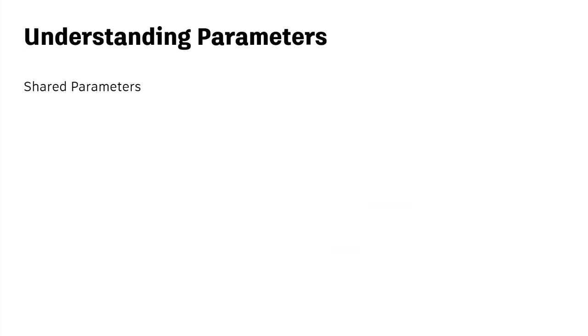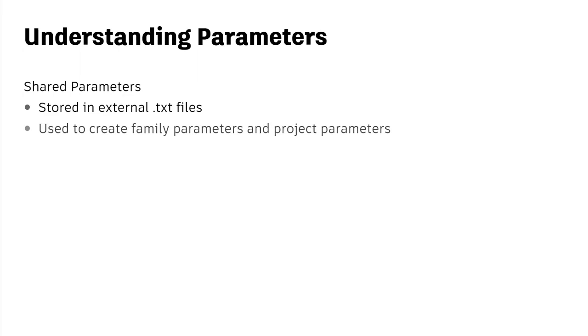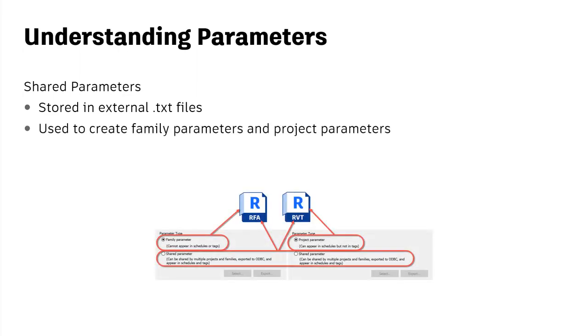Shared parameters are parameter definitions that can be used in multiple families or projects. Shared parameters are stored in external text files that are independent of any family or project file. After you add a shared parameter definition to a family or project, you can use it as a family or project parameter.